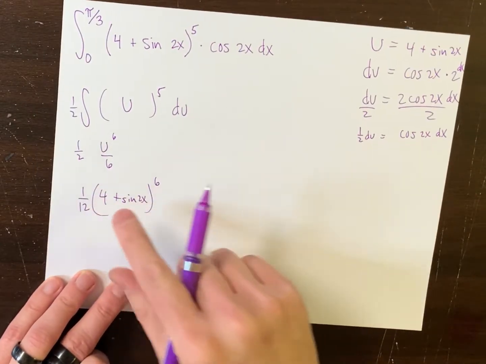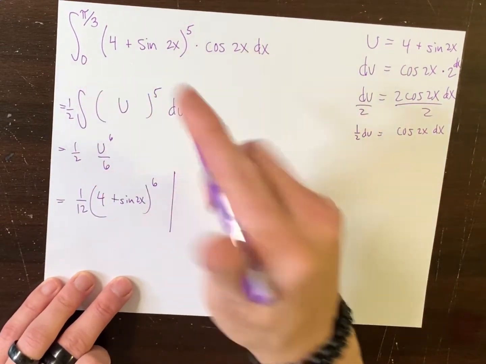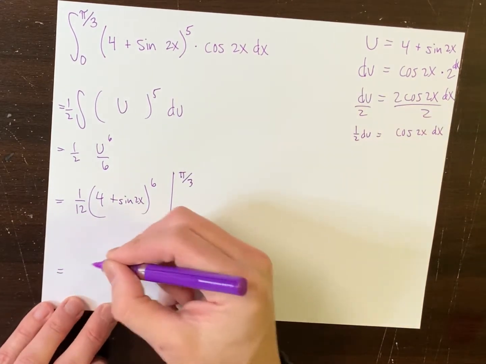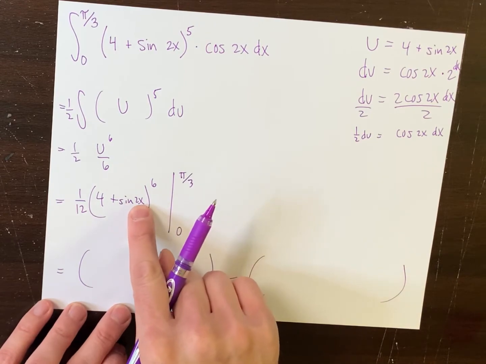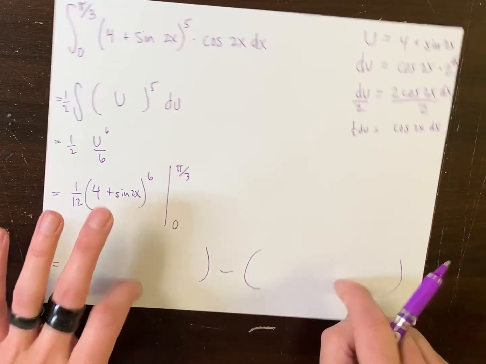Now this here is supposed to be evaluated from where to where? From 0 all the way up to pi over 3. So let's plug in pi over 3 in there, and then let's plug 0 into there, and we'll drop those values in here respectively.